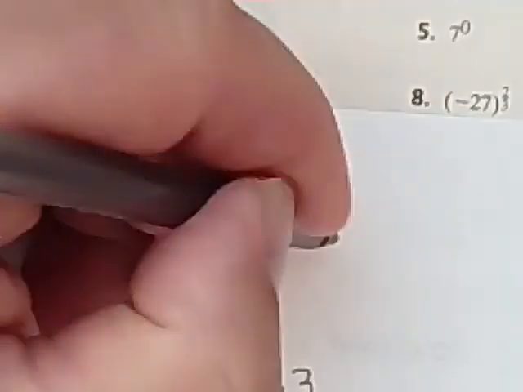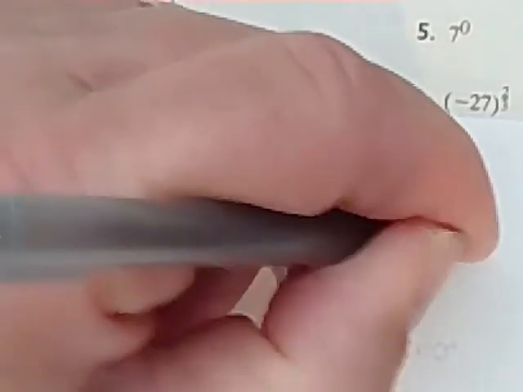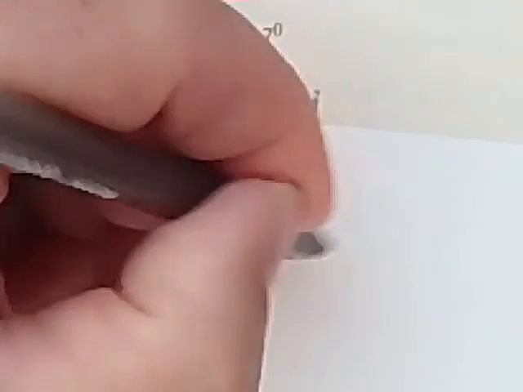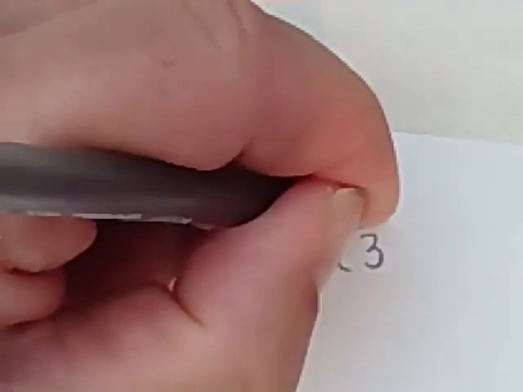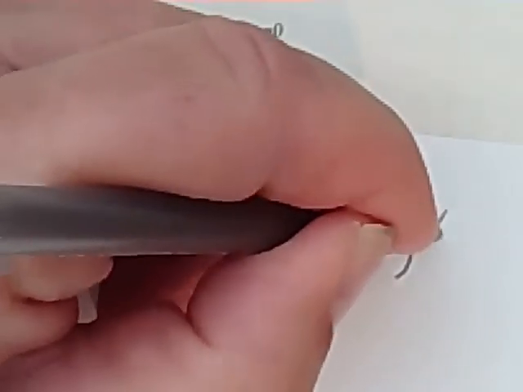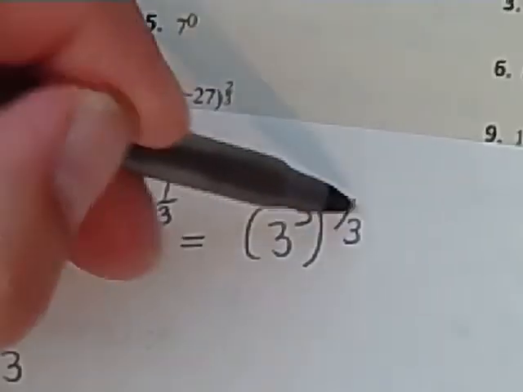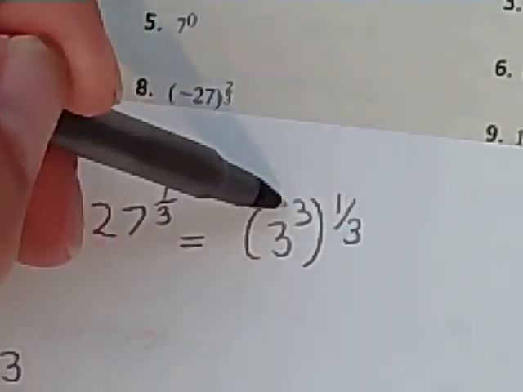Okay, so I could also write that, by the way, 27 to the 1/3 power, I could choose to write that as 3 cubed to the 1/3 power. Now, what do you do when you have exponents arranged like this?